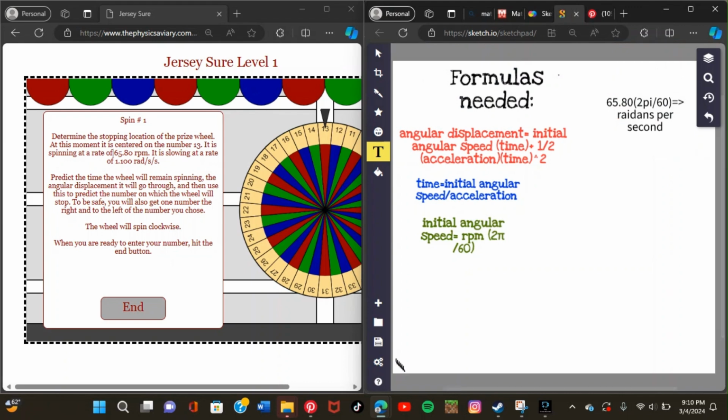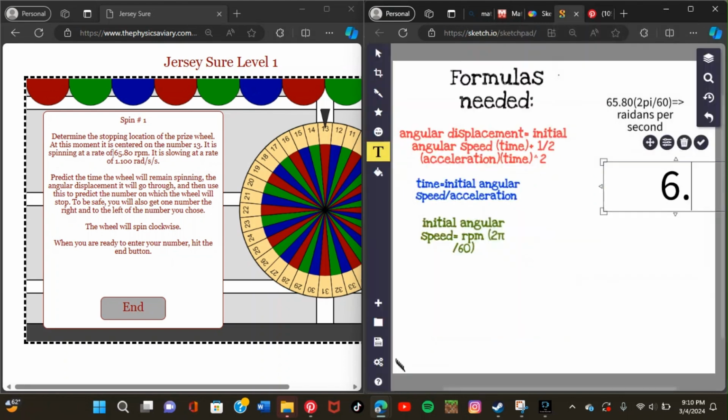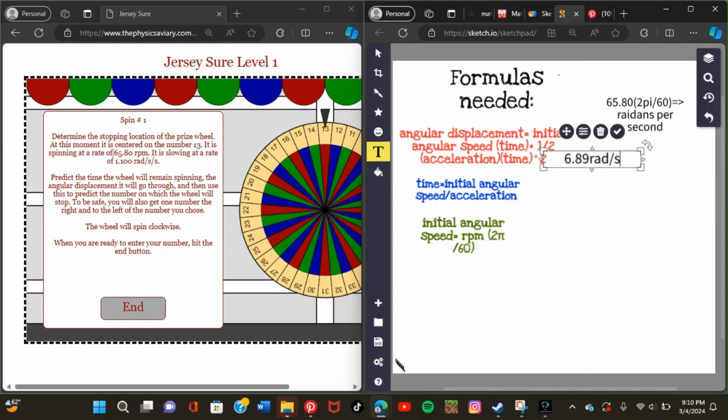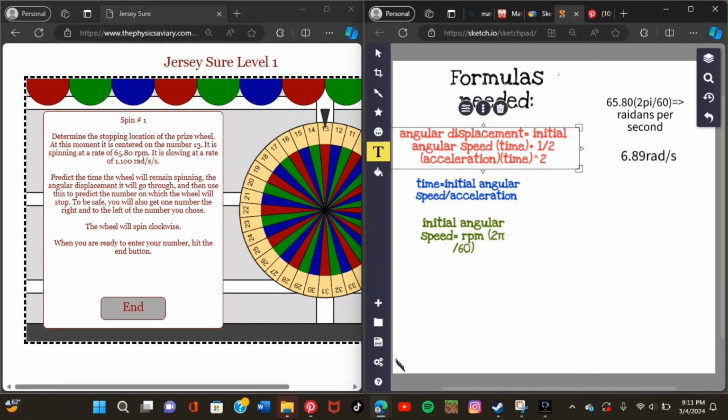So the radians per second would be 6.89. That's what it would be, radians per second. So in order to find what number for it to land on, we have to find out angular displacement, and right now we found the initial angular speed, which is this, and now we just need time.